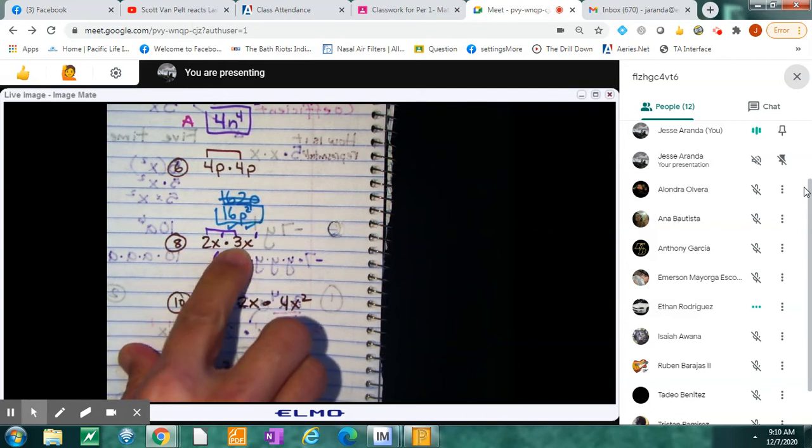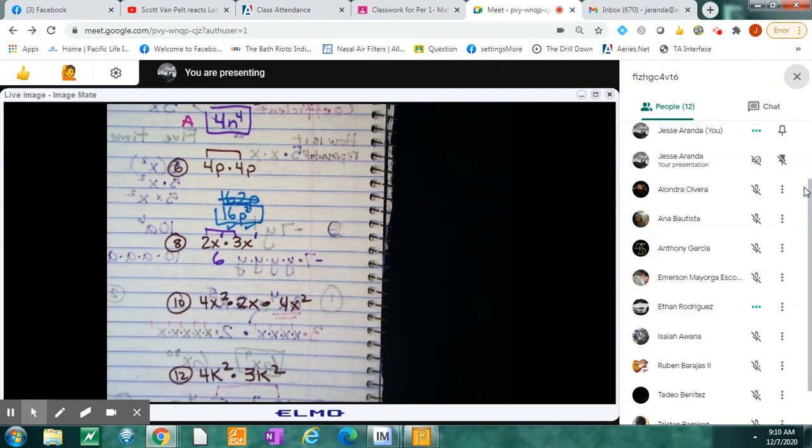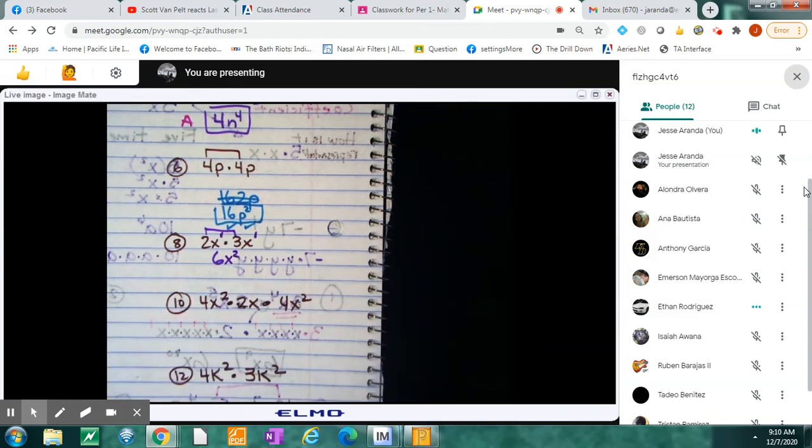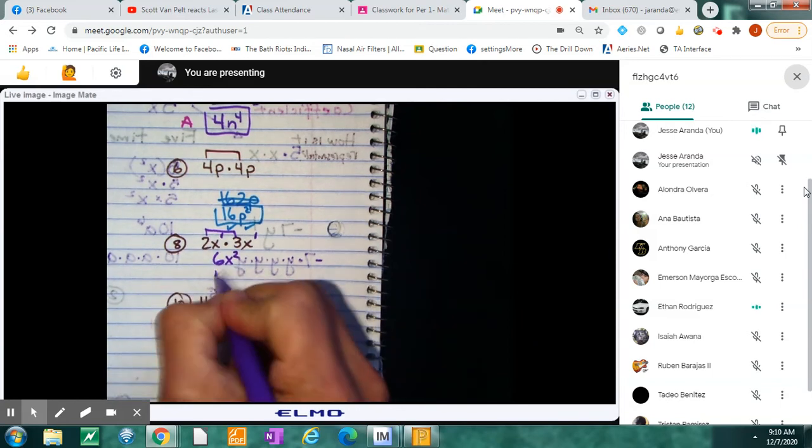So how many x's are there? Should be 2. Yeah, so what am I going to write? X to the power of 2. See, because you're dealing with the exponents, all right? So make sure you put a check if you got it right.